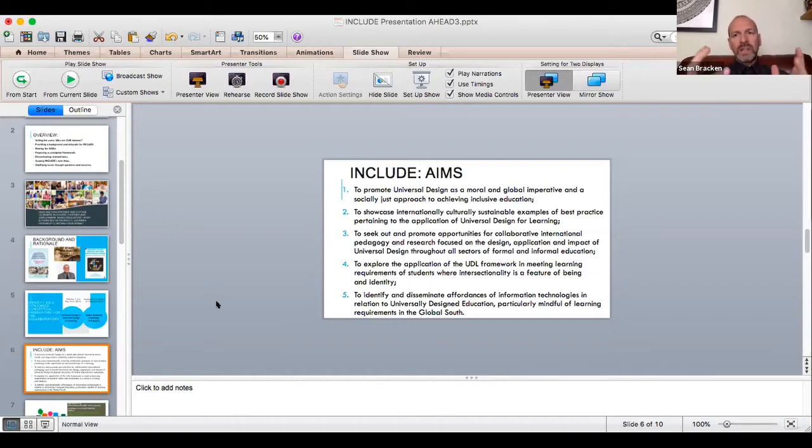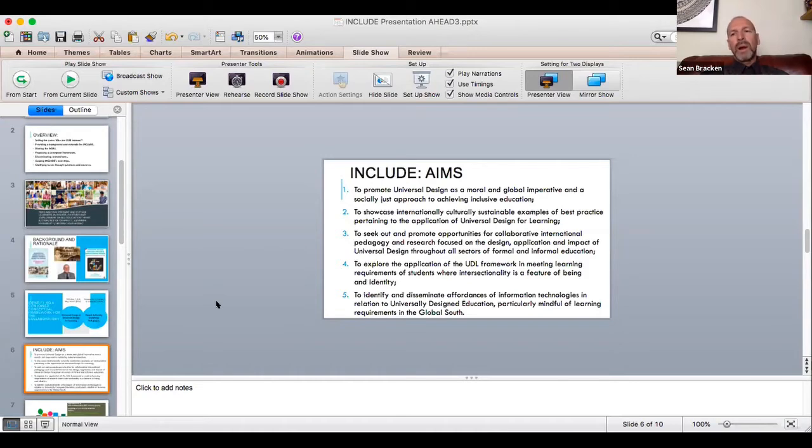And we're consistently on the lookout for examples of cross-cultural engagement in relation to universal design for learning, to seek out and promote opportunities for collaborative international pedagogy and research focused on the design, application, and impact of universal design for learning throughout all sectors of the formal and informal education.